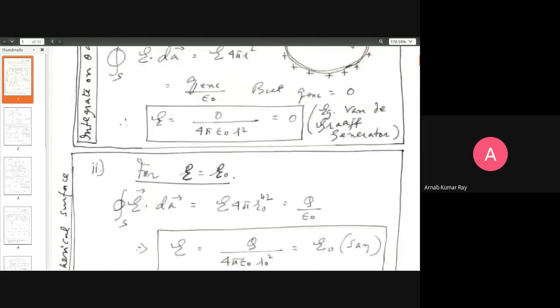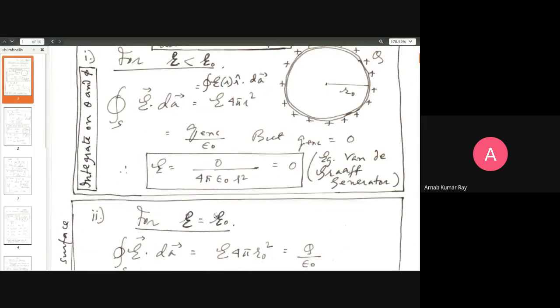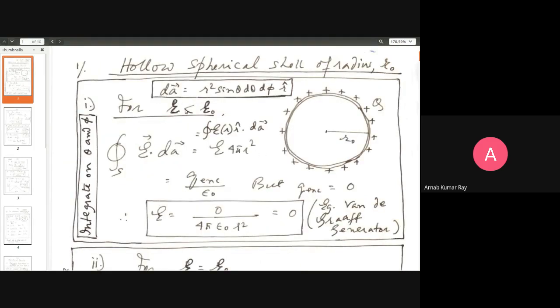Okay, next case. When you draw your Gaussian surface on the surface of the sphere itself, in that case, r is equal to R naught. So the integral of E dot dA shall be E into 4 pi R naught squared, because earlier r did not have a defined value except that it would be less than R naught.